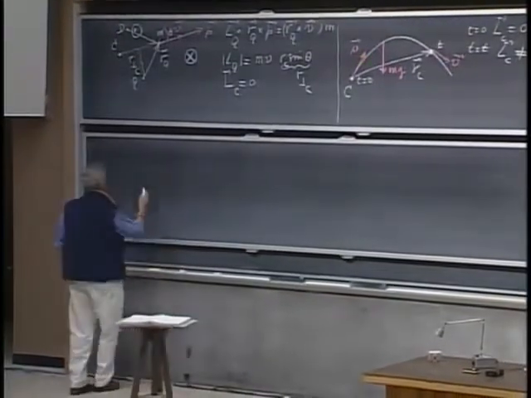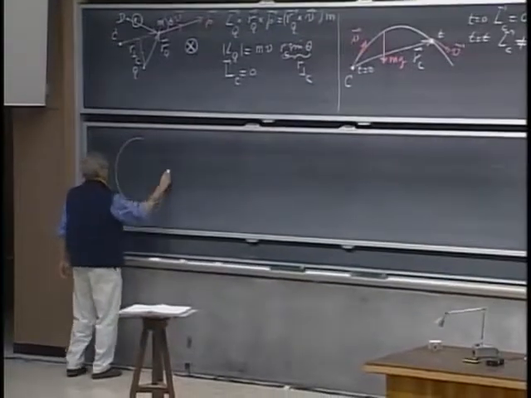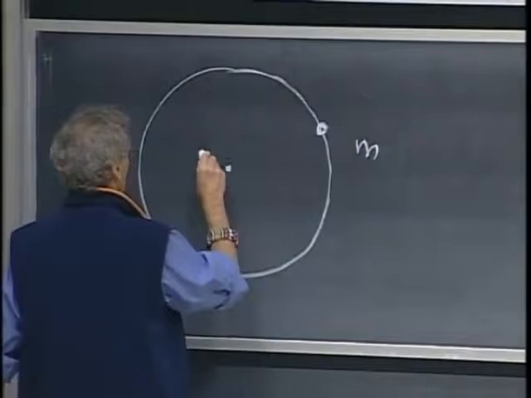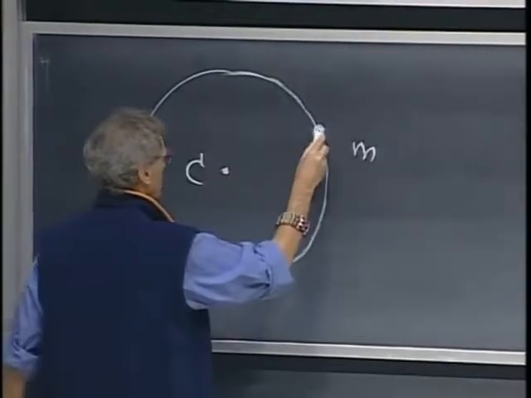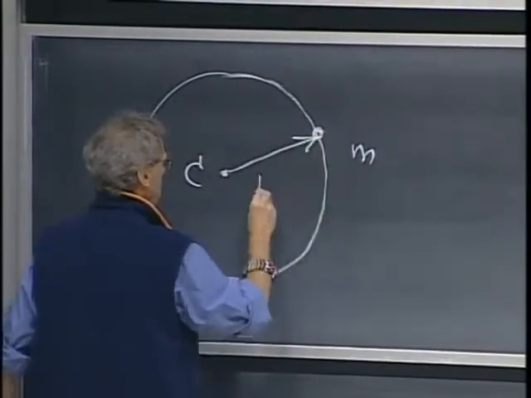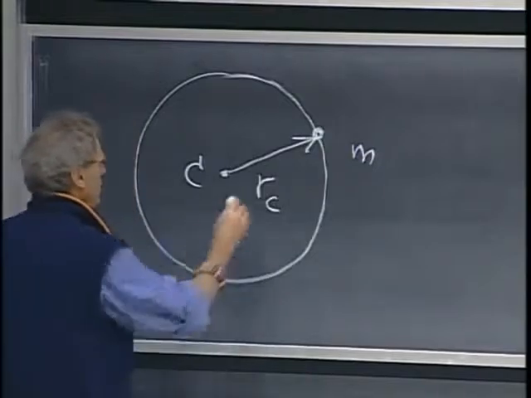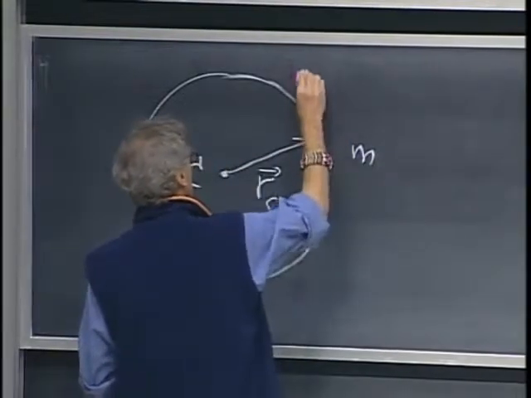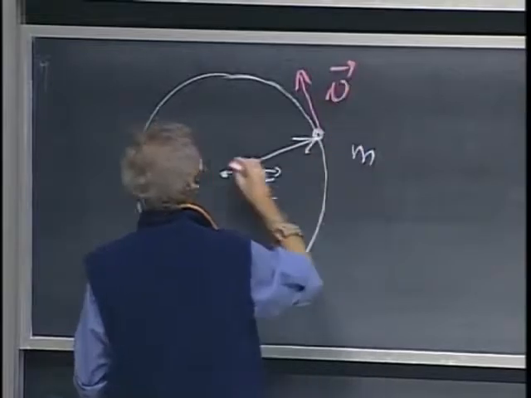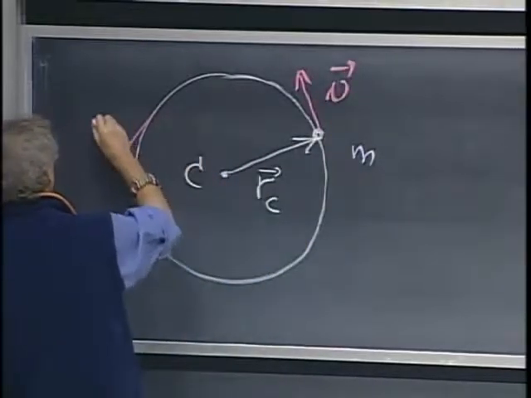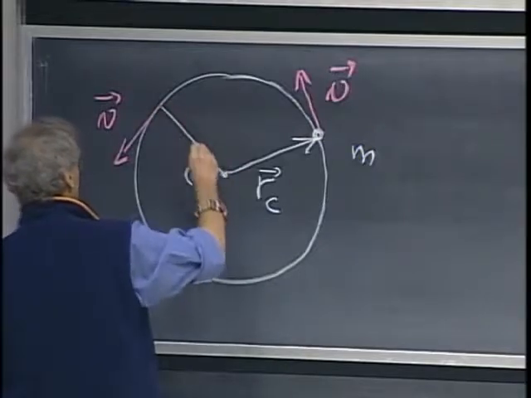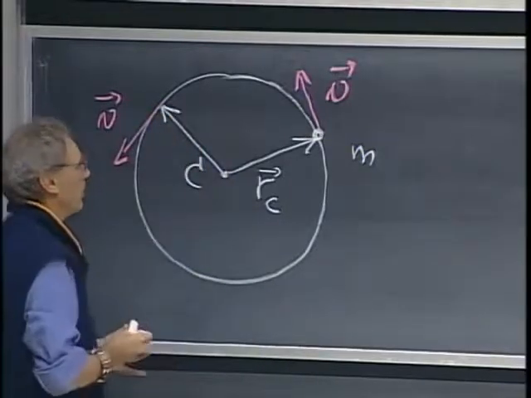I choose the Earth going around the Sun. Here's the Earth with mass m. At point C here is the Sun. This is the position vector r_C. And the Earth has a certain tangential velocity. And the speed never changes, but the velocity does change. So this is the position vector at a later point in time.